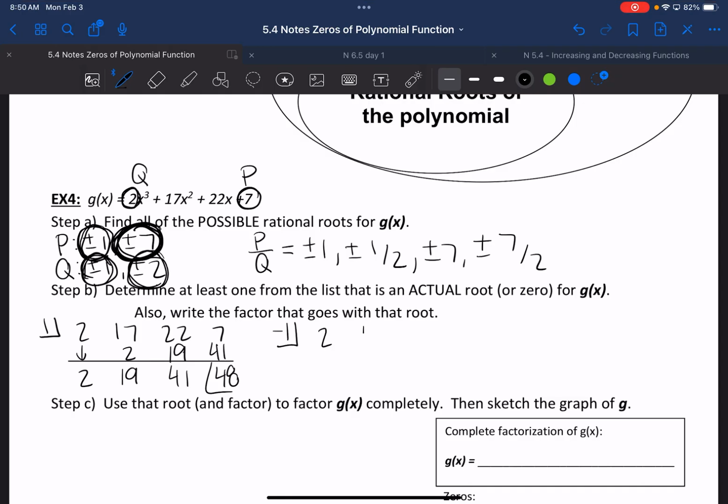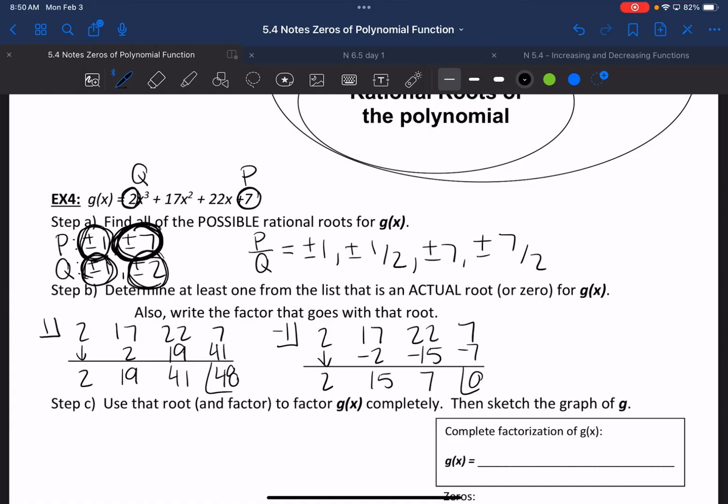So we got 2, 17, 22, and 7. This time we're going to divide using a negative 1. All right, what do you guys think? Is negative 1 a factor? Okay, perfect.